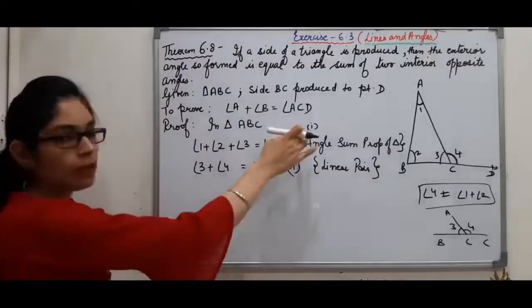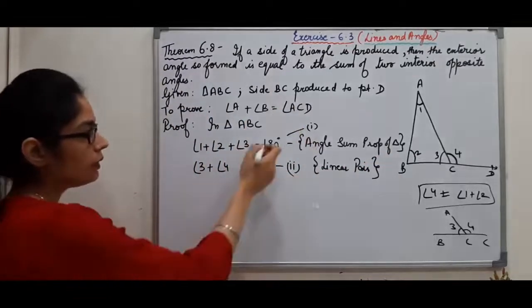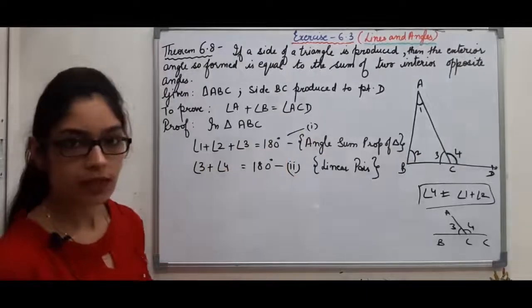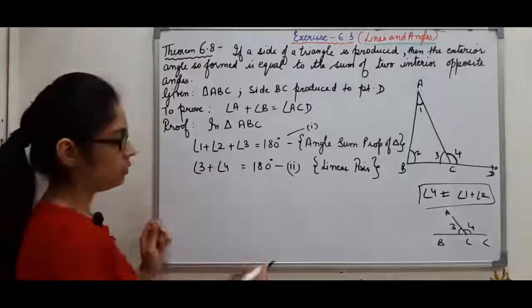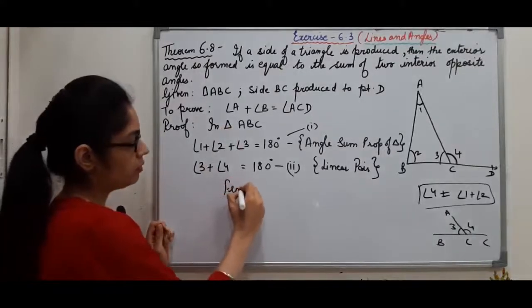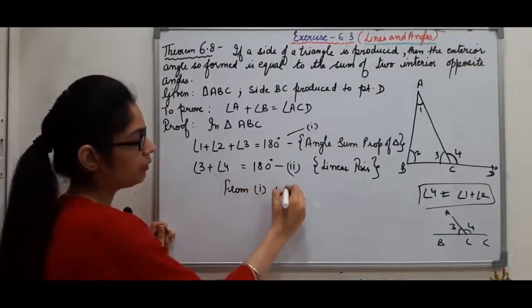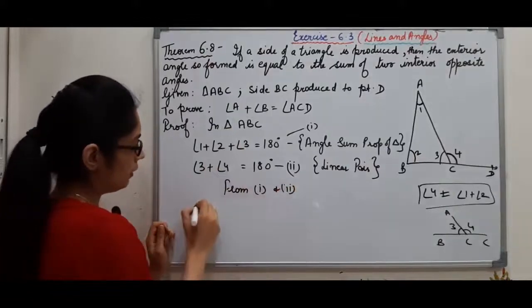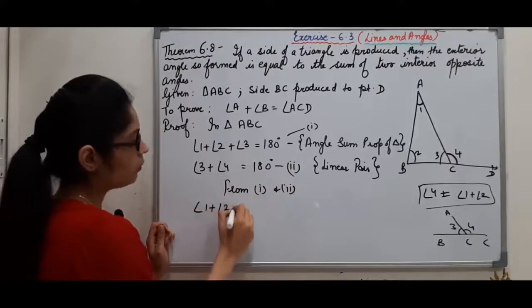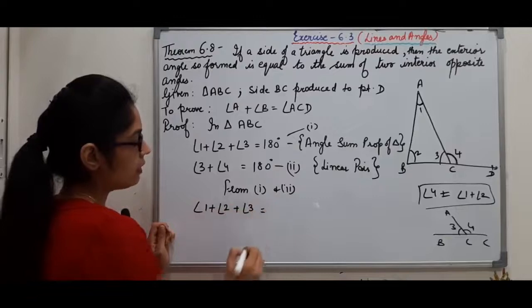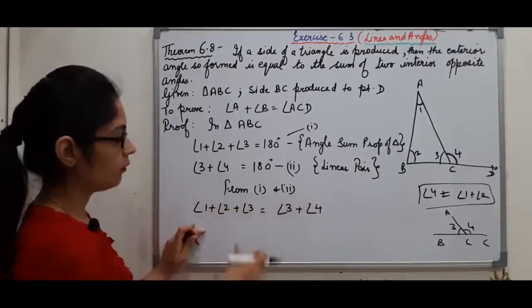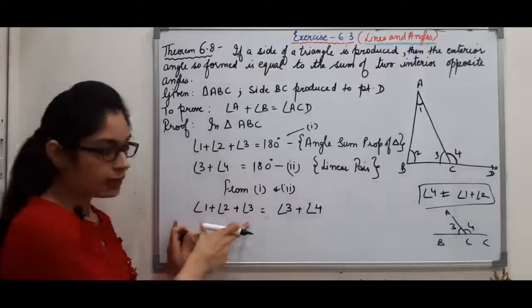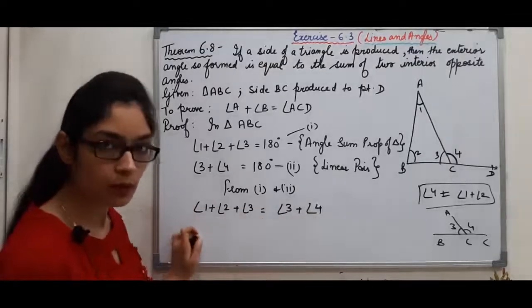Now both point number 1 and point number 2 are equal to 180 degrees. If they are equal to 180 degrees, it means they are equal to each other also. So from 1 and 2, angle 1 plus angle 2 plus angle 3 is equal to angle 3 plus angle 4. This is equal to 180 degrees and this is also equal to 180 degrees.